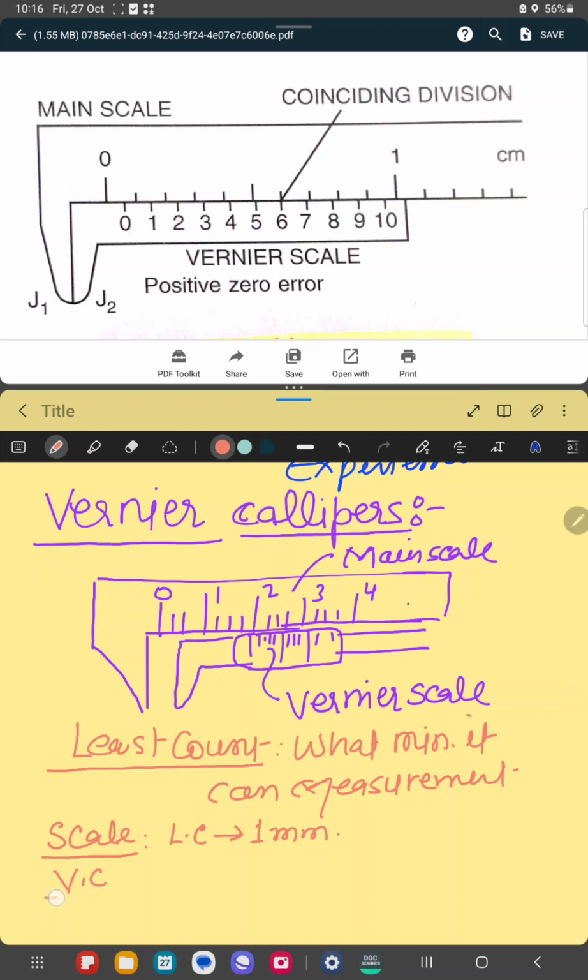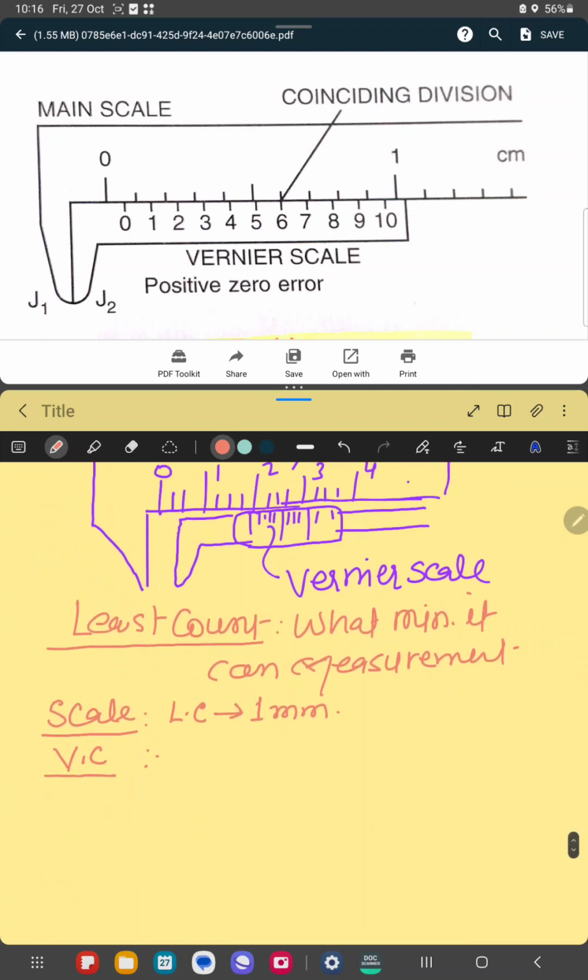For Vernier calipers, the least count is 0.1 mm, and for screw gauge the least count is 0.01 mm. Those are the standard ones. So you had better remember: via normal scale we can measure 1 mm, via Vernier calipers 0.1 mm, for screw gauge 0.01 mm.